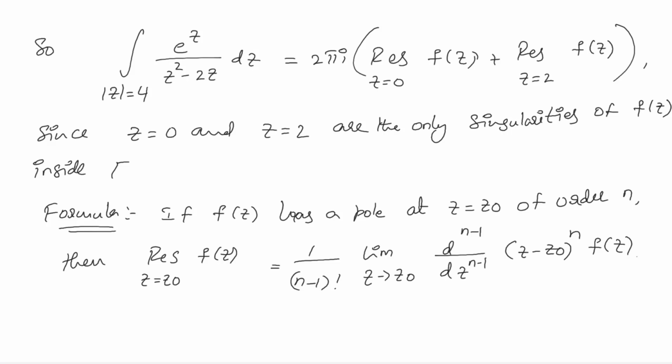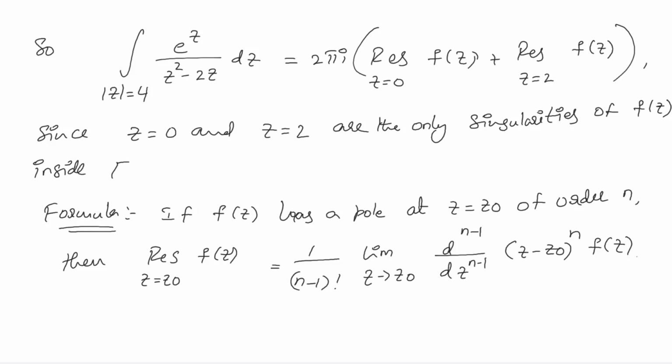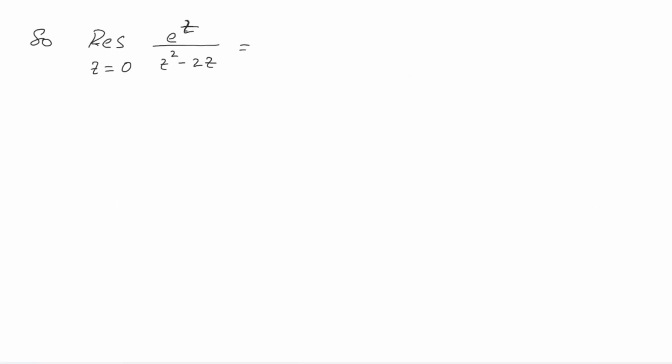So now by using this formula we have the residue of f of z at z equal to 0. Since our function is e to the power of z divided by z square minus 2z, and since here z equal to 0 is a simple pole, that is a pole of order 1, from the previous formula we have the value of n as 1 in case of z equal to 0.